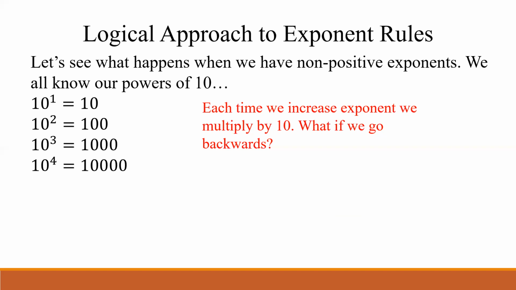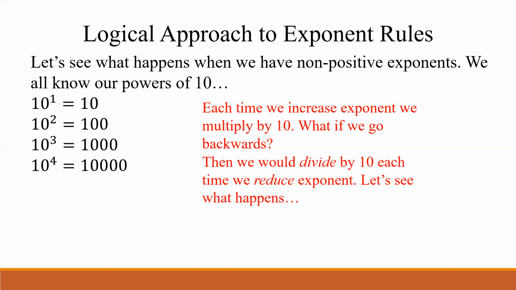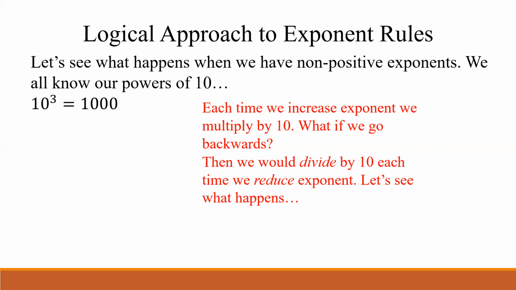If we start going backwards, then we have to divide that answer by 10 every time that we reduce the exponent. So let's do that, starting from here, and just see what happens as we get lower than 1. So again, 10 to the third is 1,000, 10 squared is 100, 10 to the first is 10.